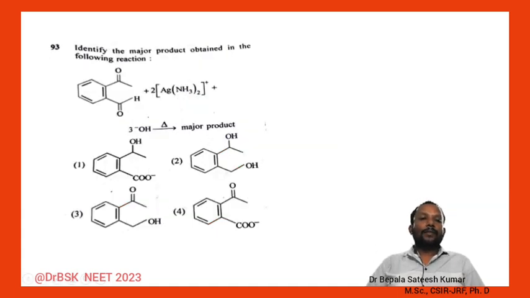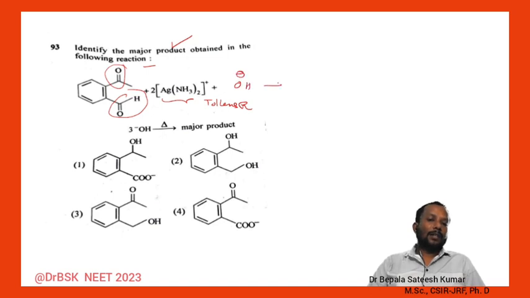Next is: identify the major product obtained in the following reaction. So here one keto group is there, and one aldehyde group is there. Generally it is Tollens reagent. In the presence of base, only aldehydes give a positive test with Tollens reagent, forming salts of carboxylic acid, and also byproducts.